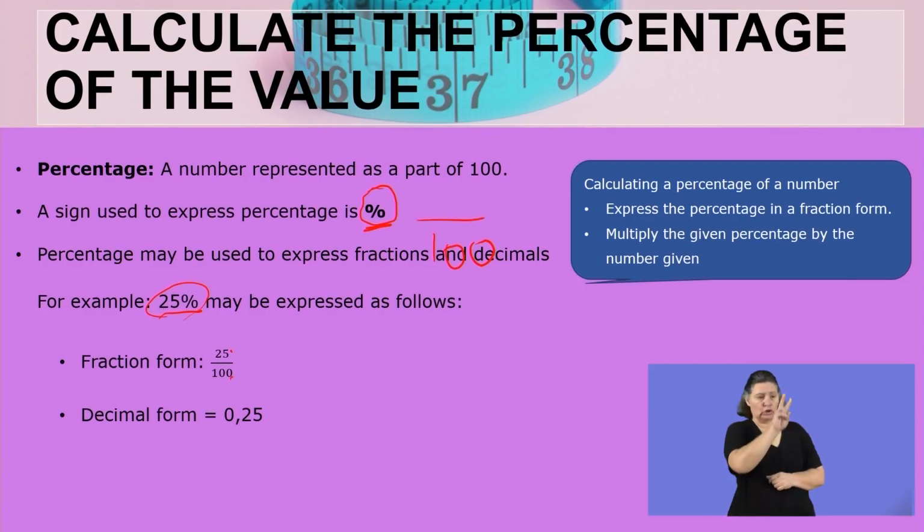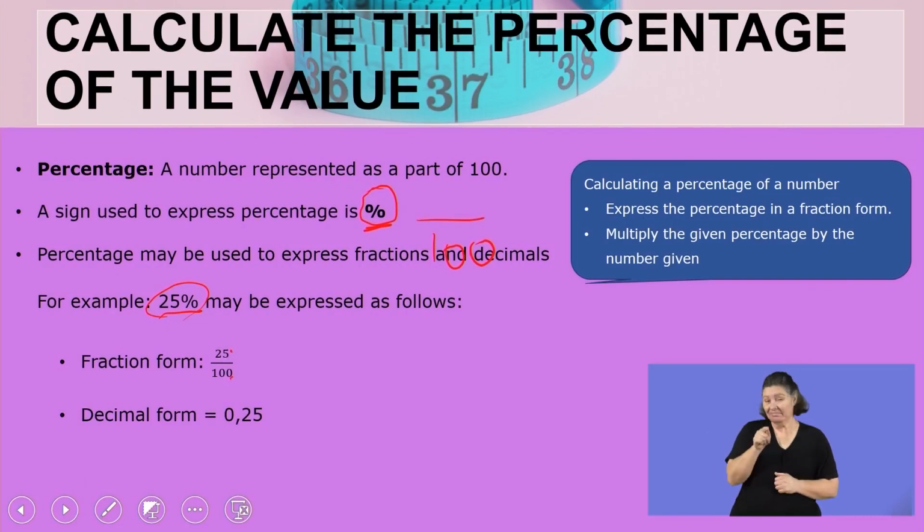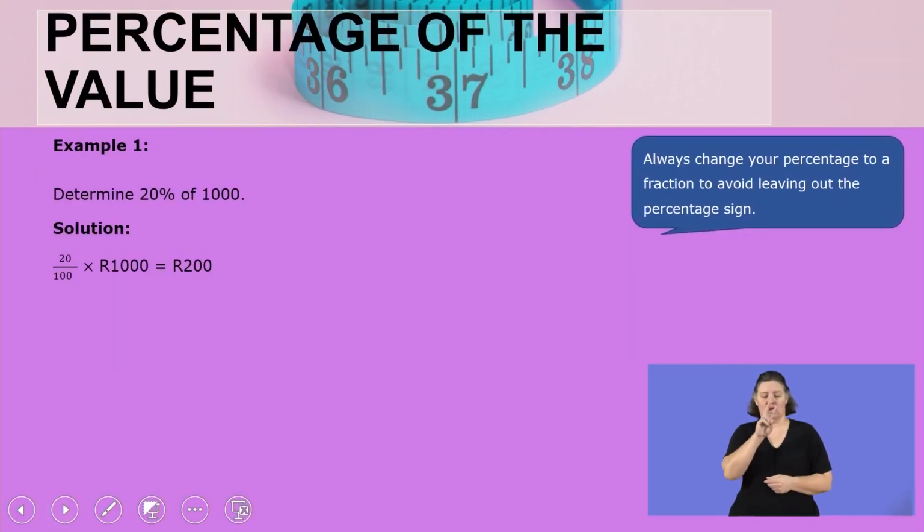Can we press the calculator together? We are having 25 divided by 100. The answer that you get on the calculator is 0.25. So as a decimal it is 0.25. As a fraction it is 25 out of 100. These two are equivalent to 25%.